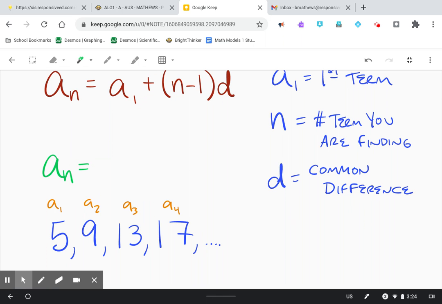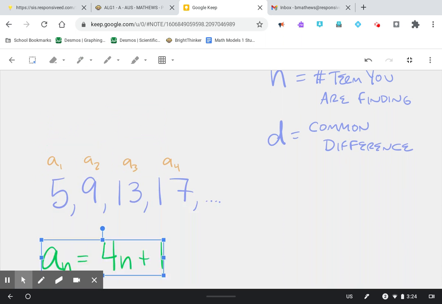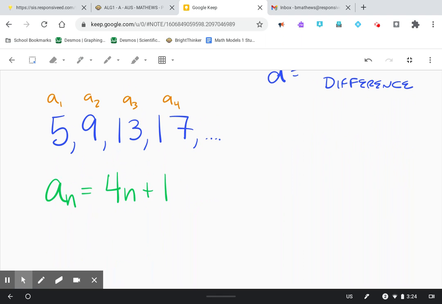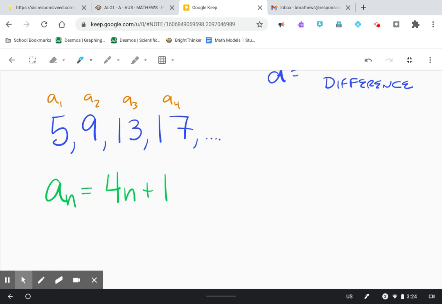An equals 4n plus 1. You might think, well, how do you know what that is? Well, first of all, I made it up. But when I plug 1 into this formula to find the first term, A1 equals 4 times 1 plus 1.